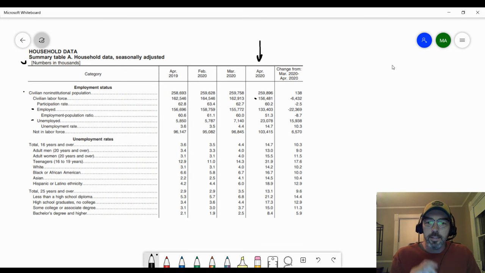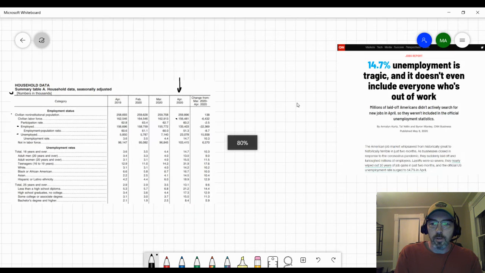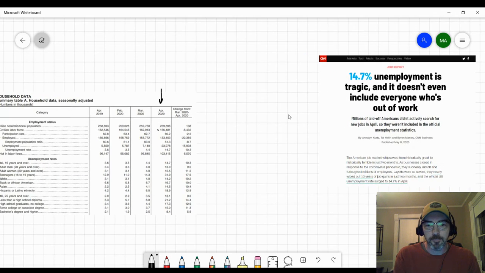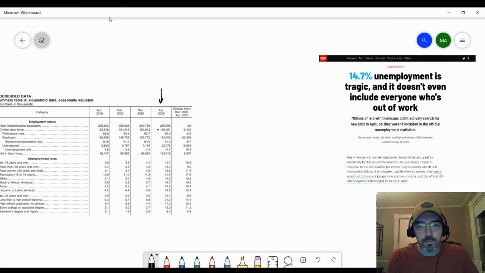The next thing that you need to know is the unemployment rate. So as we saw before, the unemployment rate, according to this article, is 14.7%. So how do we calculate that? I'm going to jot that down right here. The unemployment rate, and I'm going to abbreviate this with UR, unemployment rate.